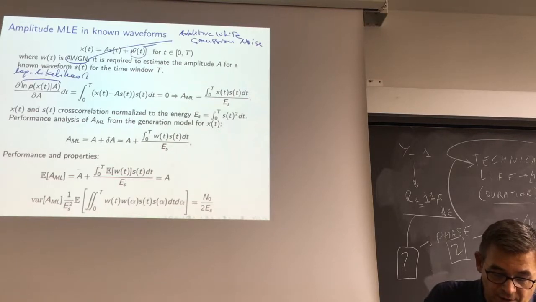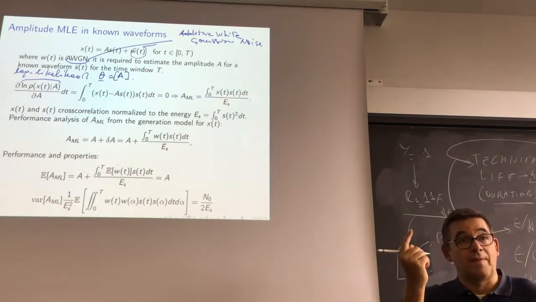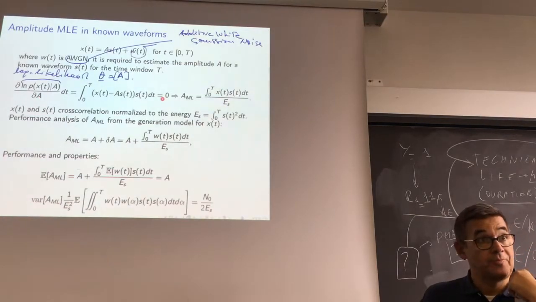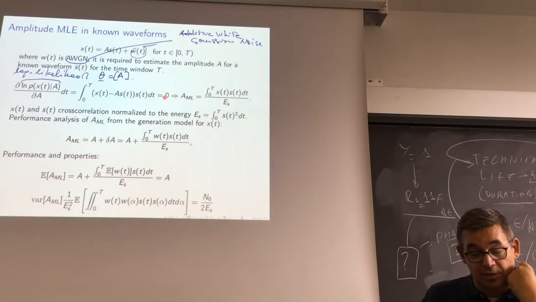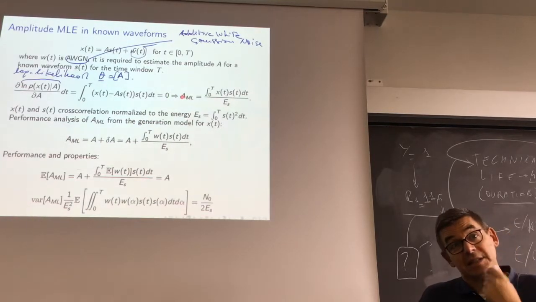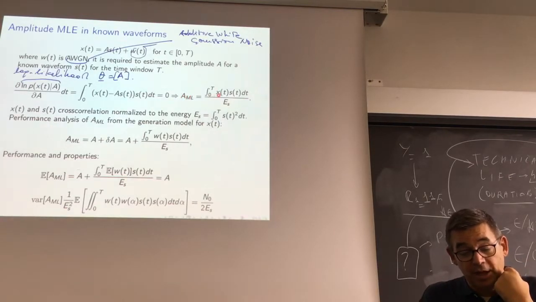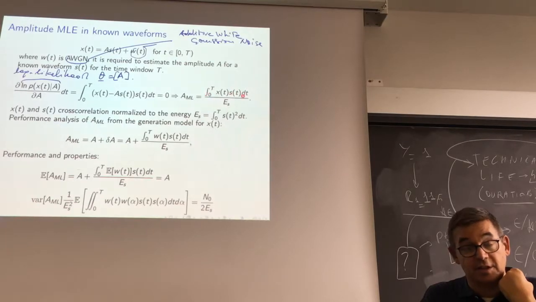Anyway, what I do is I have the log likelihood, and the parameter theta coincides with the parameter A. So it's just one number. So my gradient is with respect to A, and I set it to 0. When I set this gradient to 0, it comes out that the maximum likelihood estimate of the amplitude is simply x(t) multiplied by s(t) integrated between 0 and T dt.